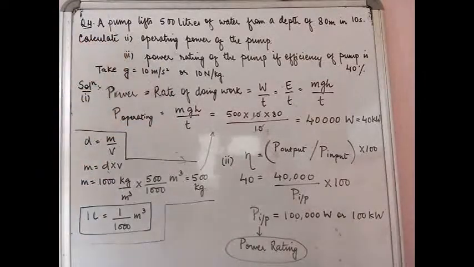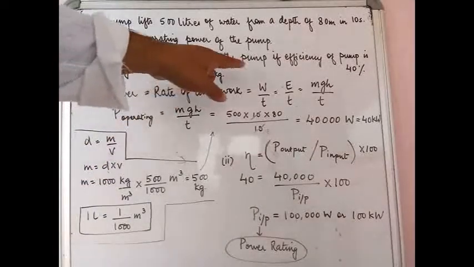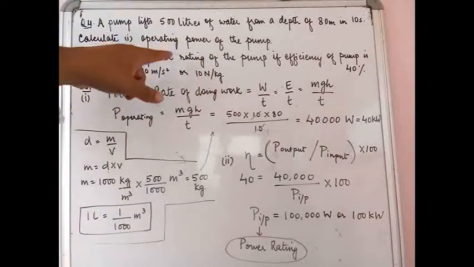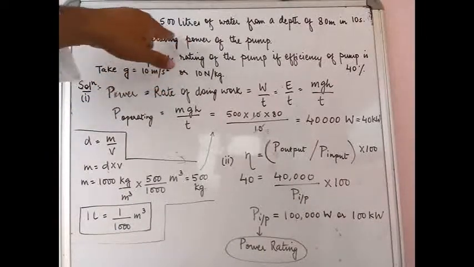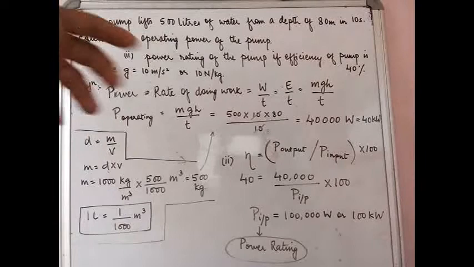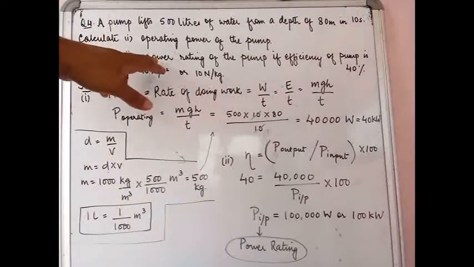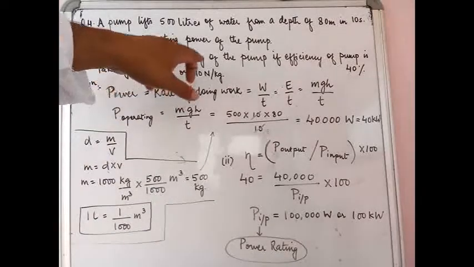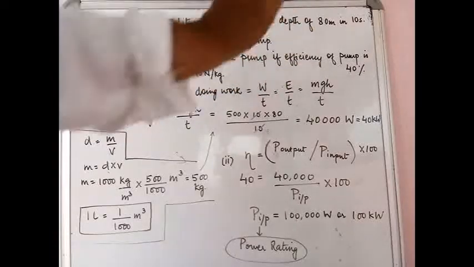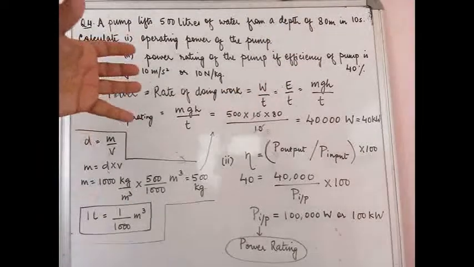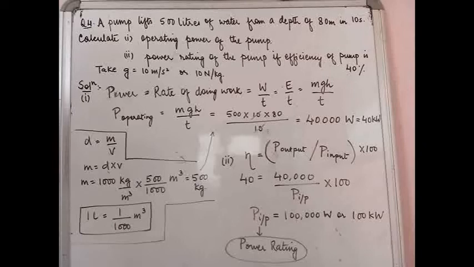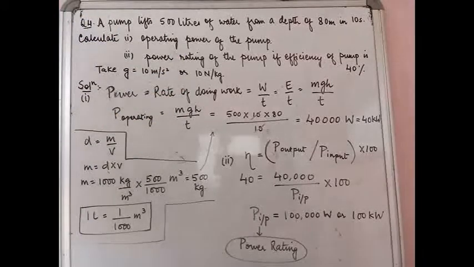Now second one, the power rating of the pump or the input power, you can say. Because this operating power of the pump is the output power that it is generating. So second part, power rating of the pump if its efficiency is 40%. Now let me give you a brief idea of the word efficiency. For all machines, you will study this in the next chapter also in detail.